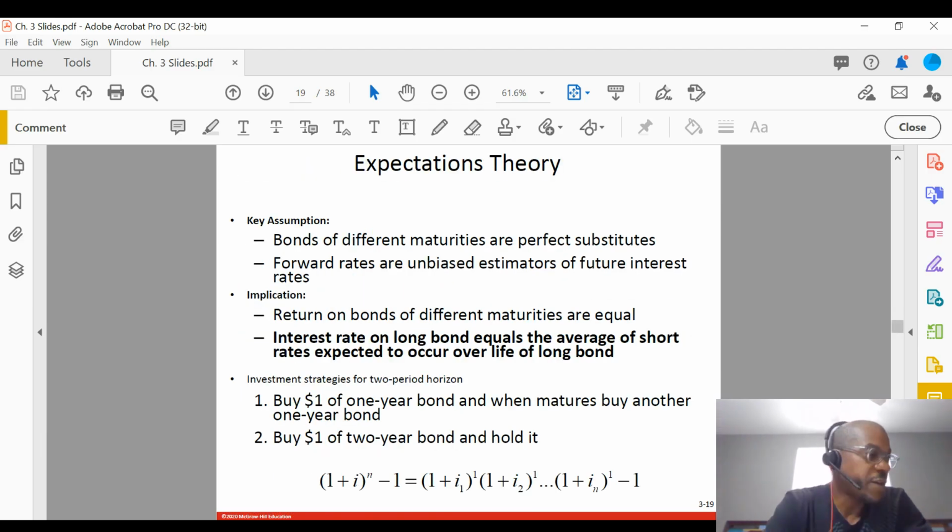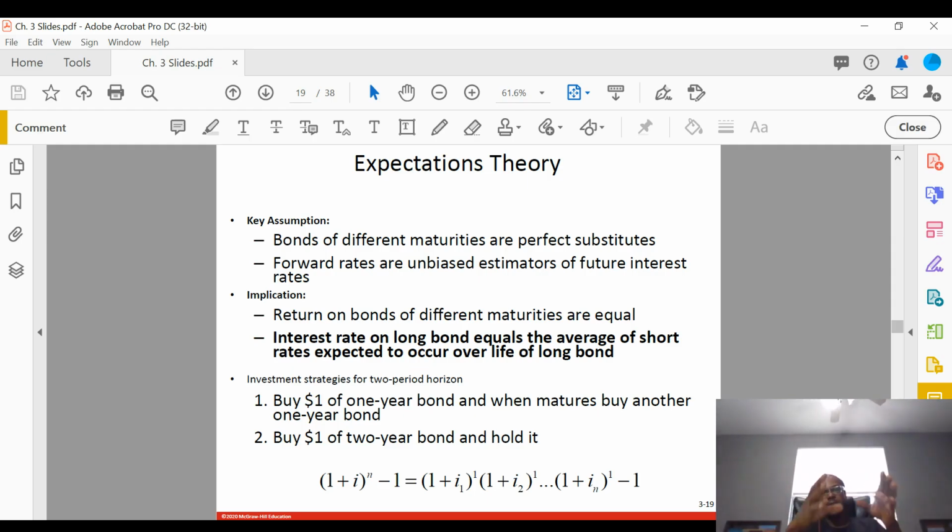Okay, so there are a couple of theories about the term structure. The main one that we pay the most attention to is called the expectations theory. Going back to efficient markets, if everyone knows the information, then embedded in a longer-term bond are expectations of future bond rates.